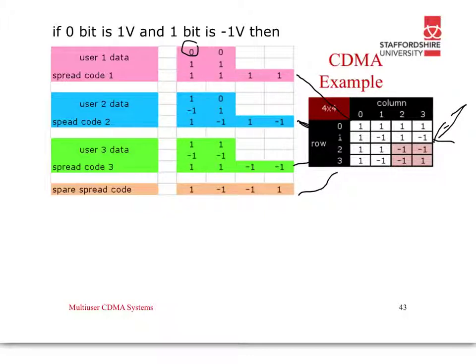Similarly, if user data 2 is 1, 0, then a 1 is going to be represented by a -1 here, and a 0 again with a 1, and then this is user 2's spread code. User 3 is going to be transmitting 1 and 1, and their representation is a -1 volt and -1 volt, and their spread code is given here.